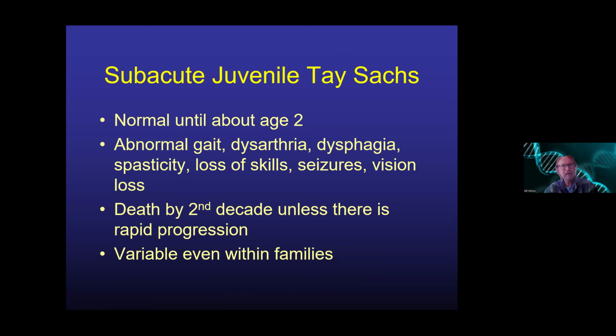There's people that progress rapidly and those that progress much more slowly. And the difference between them, people hypothesize it's neuroinflammation, it's other genes, whatever. We don't really understand all of it. And it's variable even within families as to how fast they're going to progress.